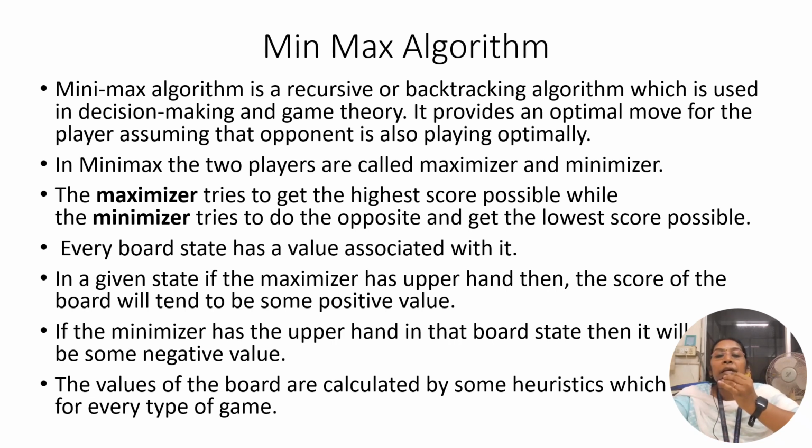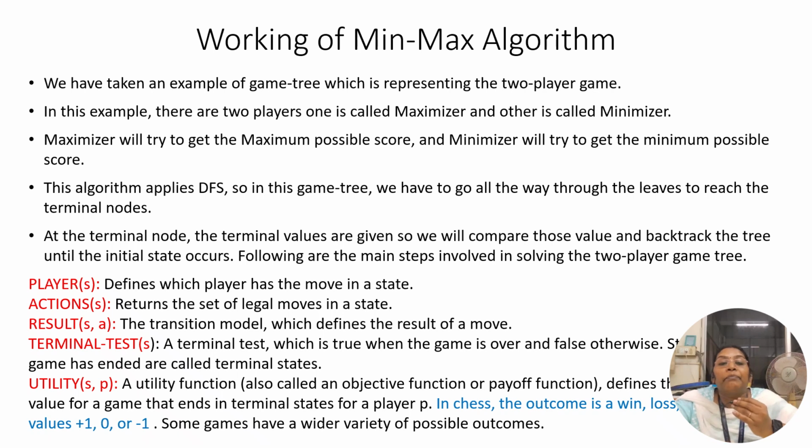Every board state has a value associated with it. If the minimizer has the upper hand in a board state, it will have a negative value. If the maximizer has the upper hand, it will have a positive value. The values of the board are calculated by some heuristic methodology for every type of game.